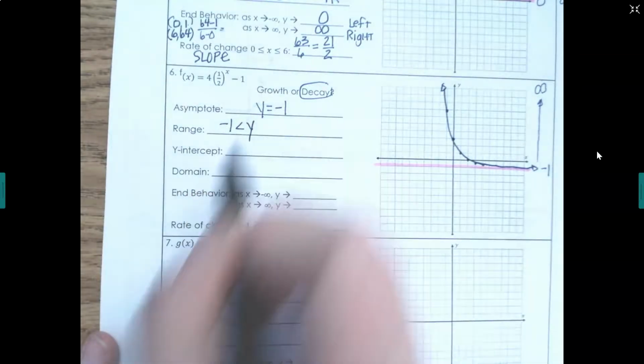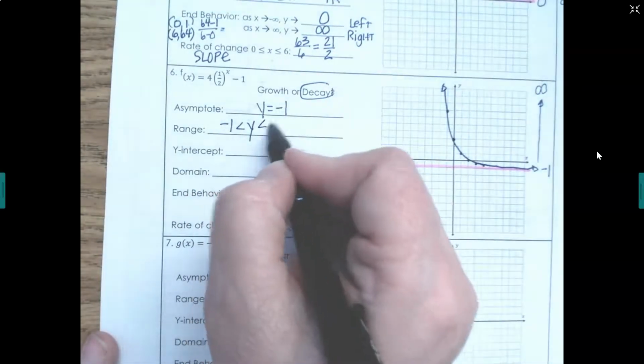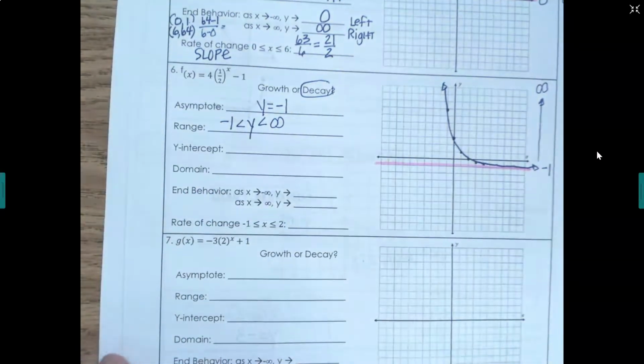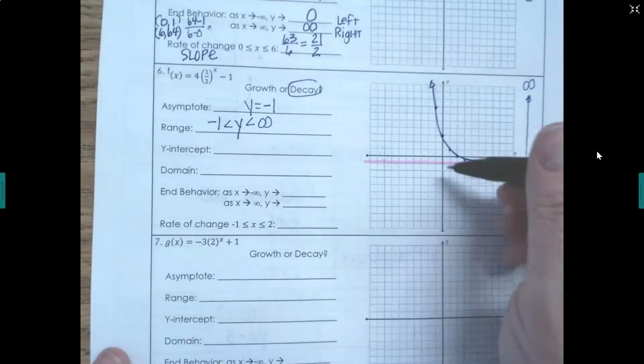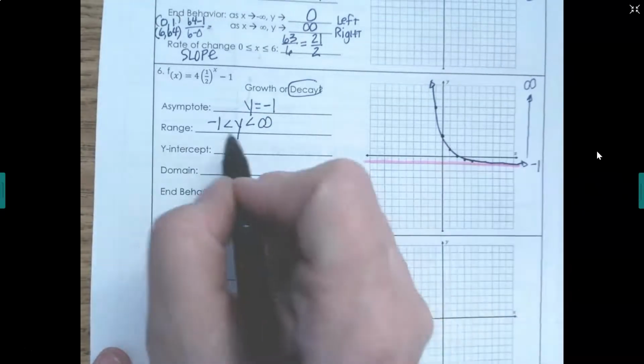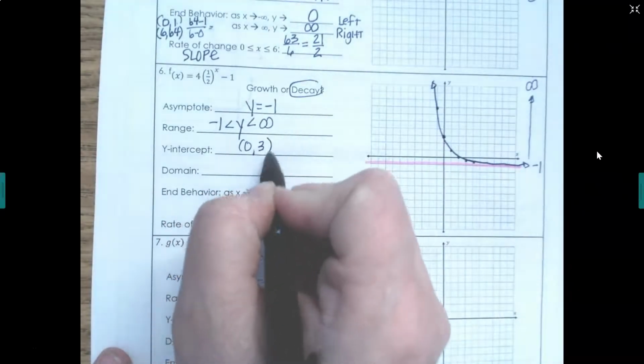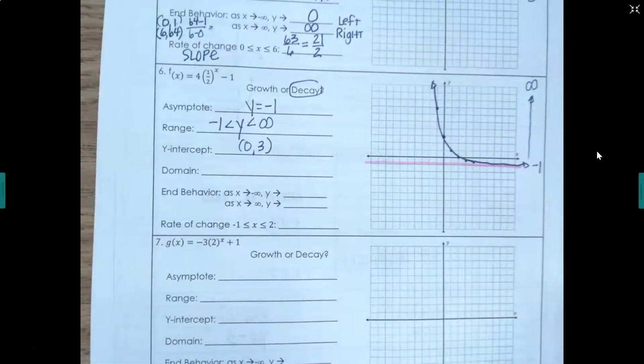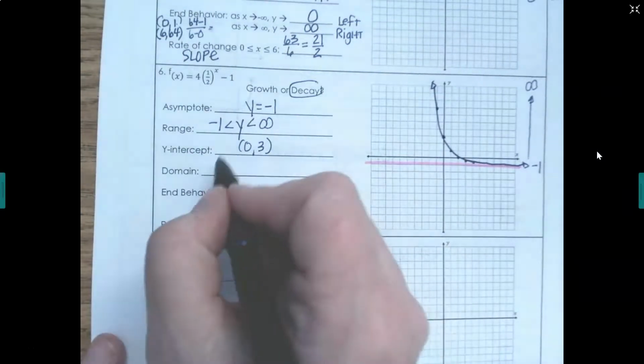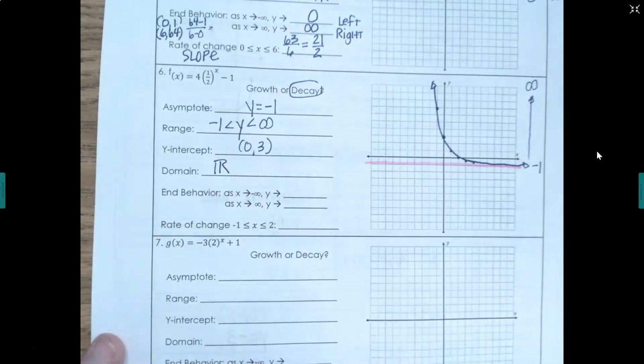It's going to be less than y, which is less than positive infinity. Our y-intercept is right here at 0, 3. Our domain, our graph is never stopping going left and is never stopping going right. So remember, that's going to be all real numbers.